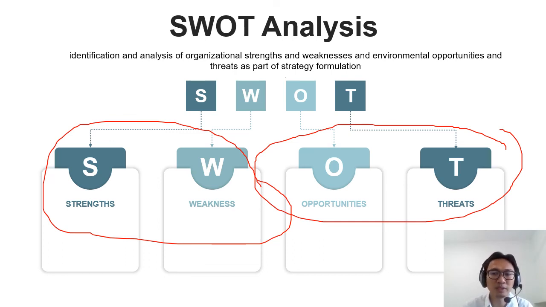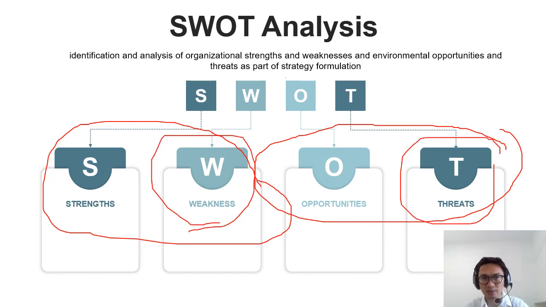When it comes to formulating strategy, managers would try to capitalize on organizational strengths, and then take advantage of environmental opportunities. When it comes to weaknesses, they would either try to overcome their weaknesses or even hide them. When it comes to threats, they are going to identify the threats, see the patterns of the threat, and see what they can do to reduce or eliminate the threats altogether.